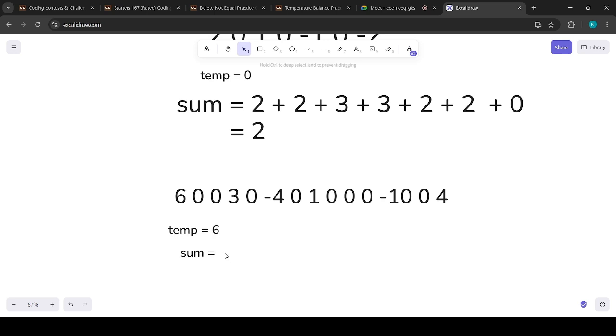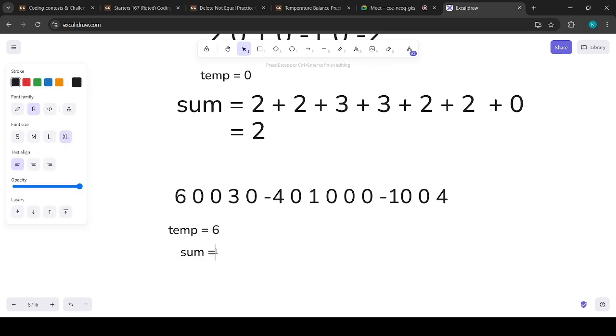After that, sum is 6. For the next two elements, temp will not change, it will remain 6. Plus here temp will increase to 9. So we have added the 9.